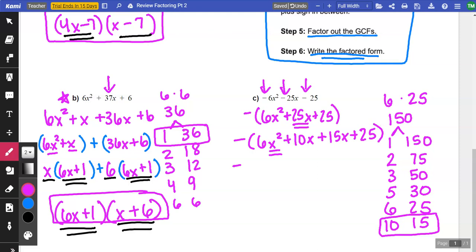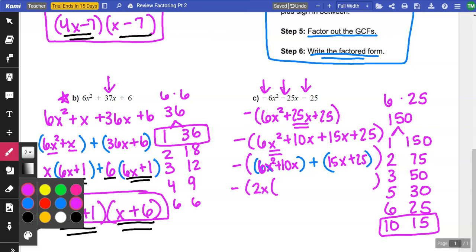And so now when we factor by grouping, the signs in the middle of those two terms are going to match. So now we're going to go ahead and add our grouping symbols with a plus sign in between. 6x squared plus 10x, 15x plus 25. So these two terms have a 2x in common.